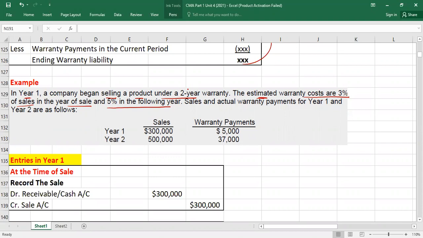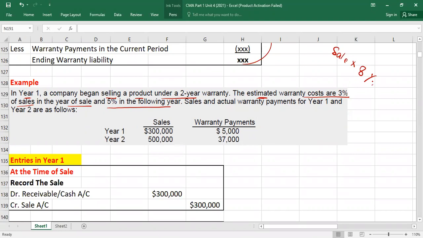8%. So what mistake will you make? You will think, oh, in the first year I have to pay 3%, so you will multiply with 3%. It is incorrect. You have to multiply sales value with total estimated payments. Total estimated payments are 8%, regardless of when you will pay. Understood? This is the common mistake you will make.